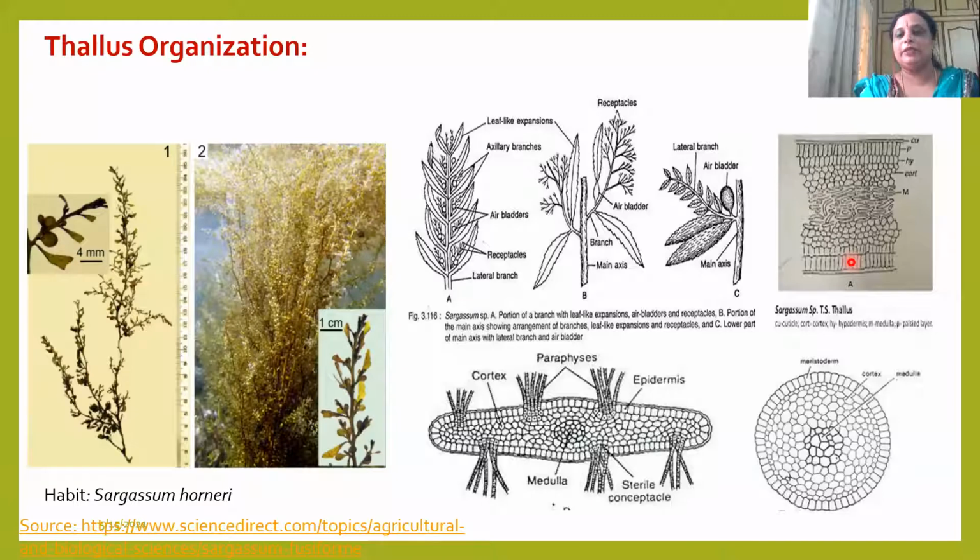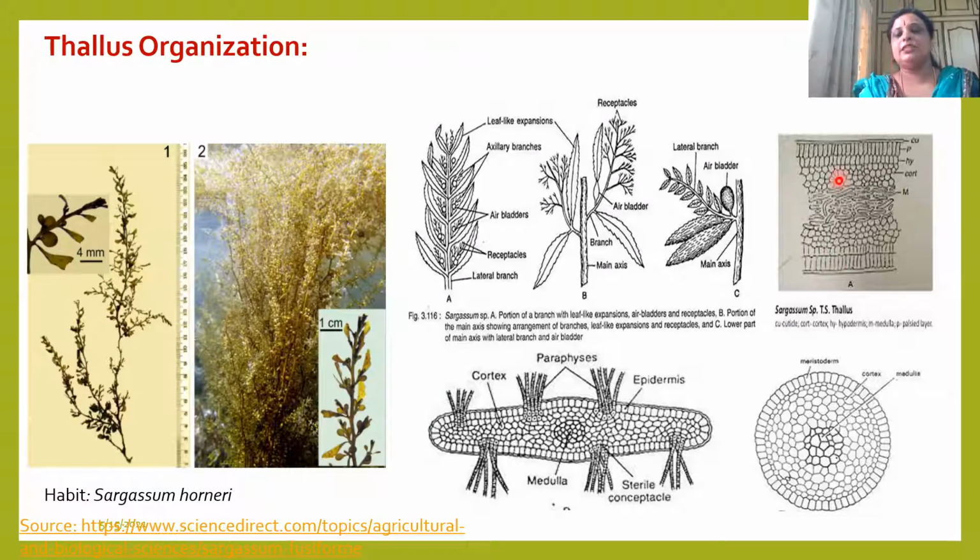They have a pigment system, that is chlorophyll a. Remember, chlorophyll a and chlorophyll c are the dominant photosynthetic pigments you can find. Along with that, you can find fucoxanthin, which is the xanthophyll. So you can find an abundant number of pigments inside them, and also the reserve food materials inside this layer.